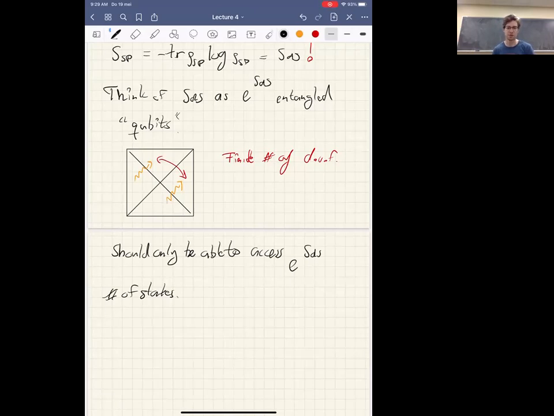There should be some mechanism preventing us from doing this if we are supposed to take this de Sitter entropy seriously. Are there any questions about it?